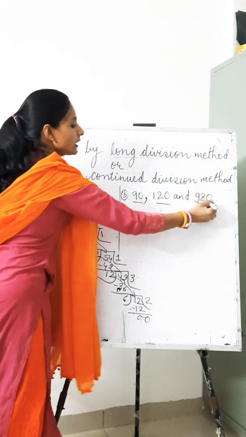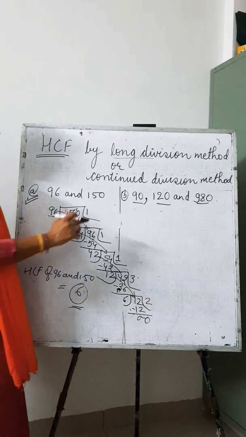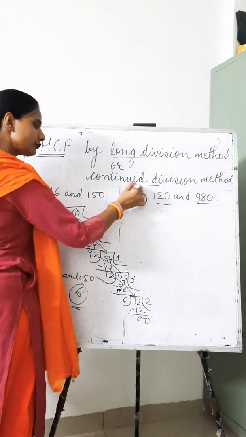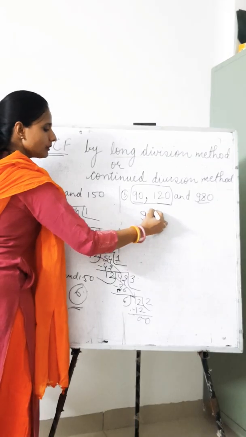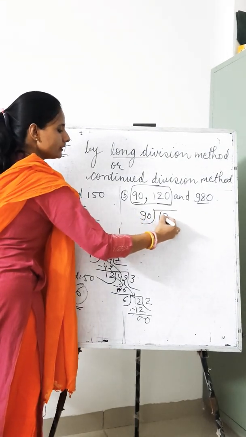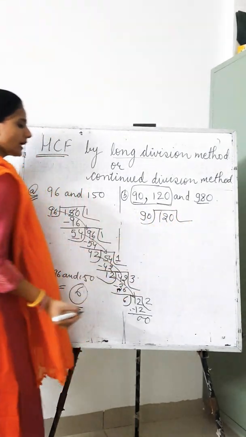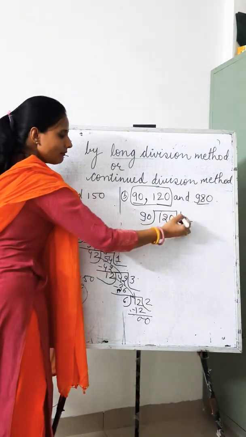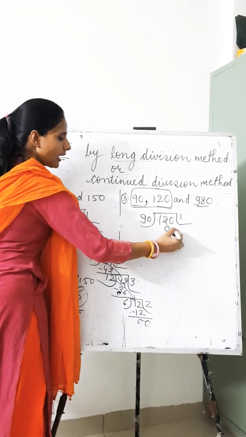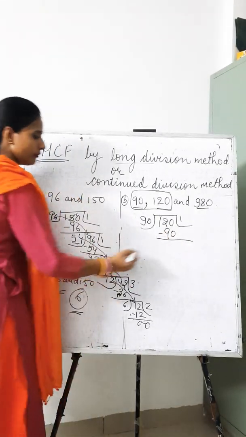Alright, so in the next question, I can see that 3 numbers are there. So don't get confused. What we have to do is first of all take only 2 numbers to solve. The smallest number will act as a divisor, and the bigger number will go inside. And now 90 2s is 180. That's why I will take 90 1s are 90 only. Fine.